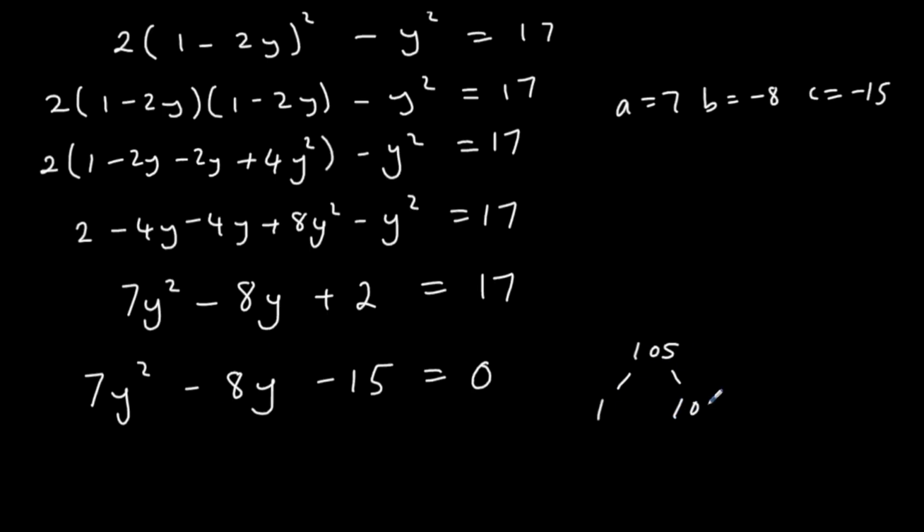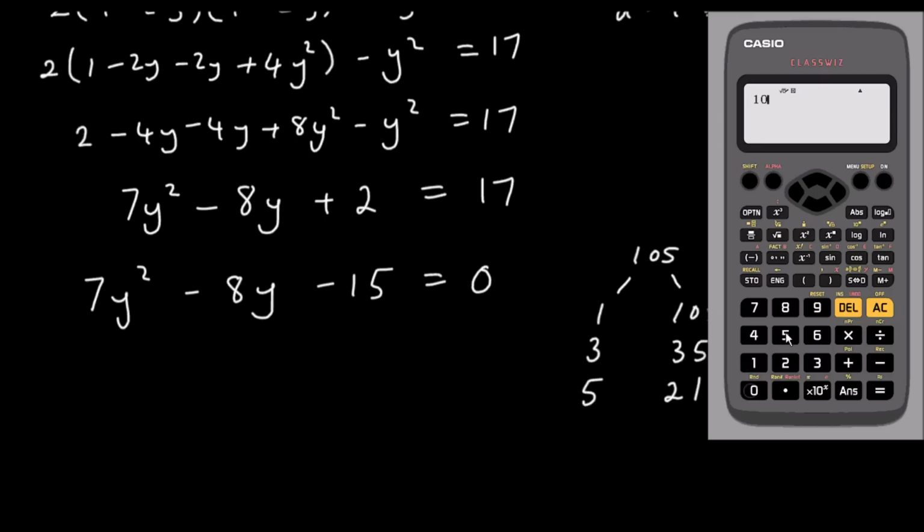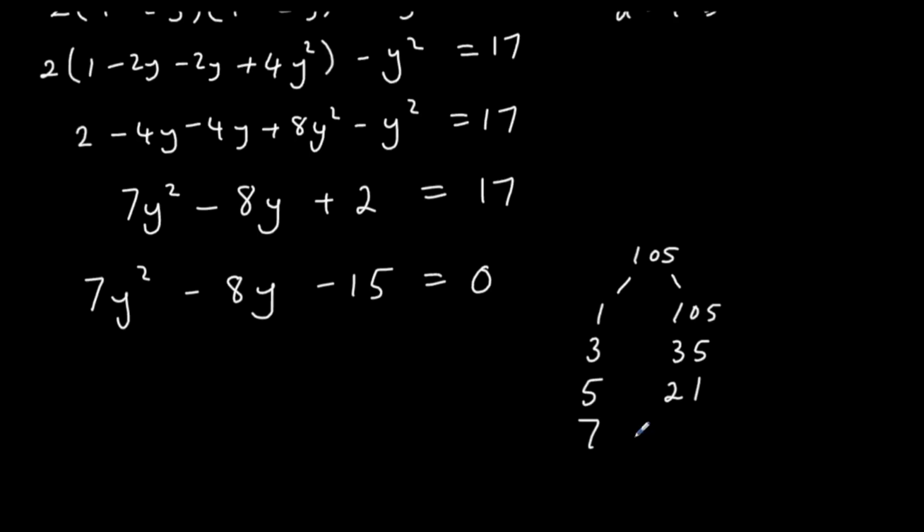So 105, it's not in the 2 times table. 3 times 35, it's not in the 4s, but it's 5 times 21. It's not in the 6s. Is it in the 7s? I'm not sure. Yes, 7 times 15. And they'll give me an 8.